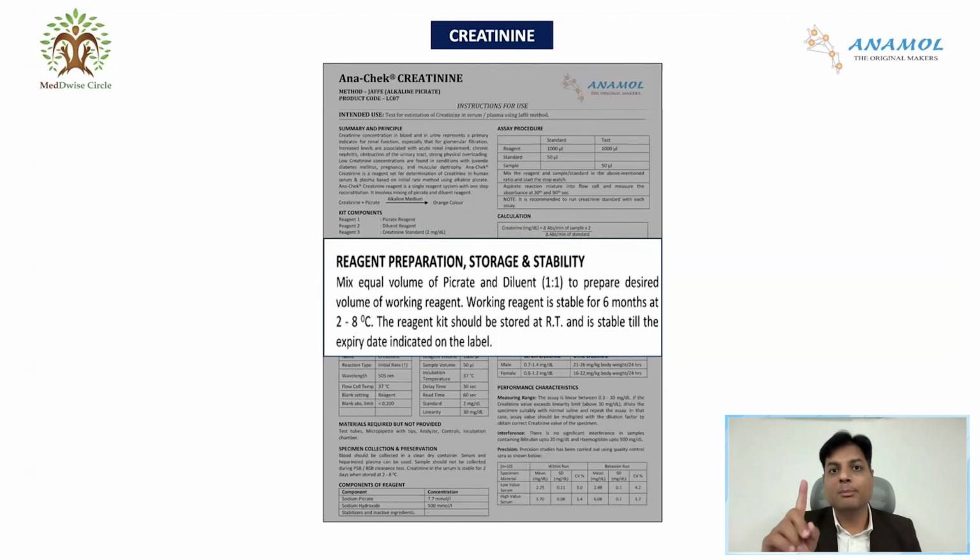So for one patient sample, if we use 1 ml of working solution, then we have to take 800 microliter of reagent 1, and in that we have to add 200 microliter of reagent 2. Then we will get 1 ml of working solution. So how to prepare working solution? The instructions are given in this particular section: reagent preparation, storage, and stability.